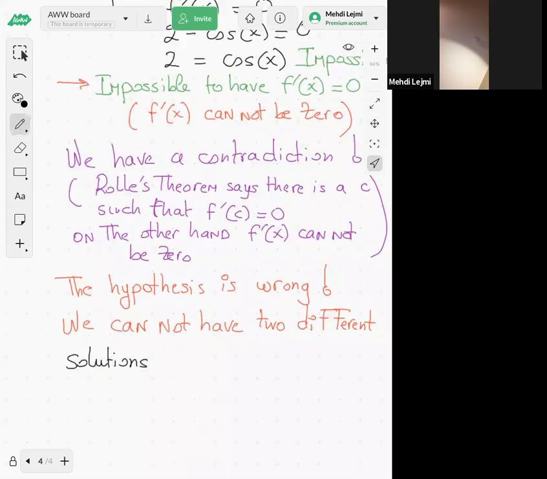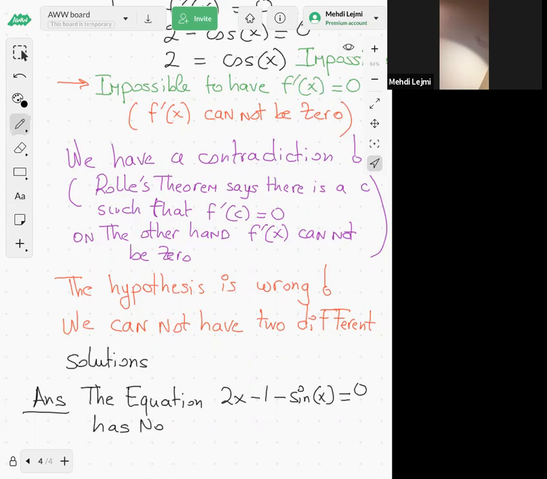So the equation 2x minus 1 minus sine of x equal to 0 has at most one solution, no more than one.